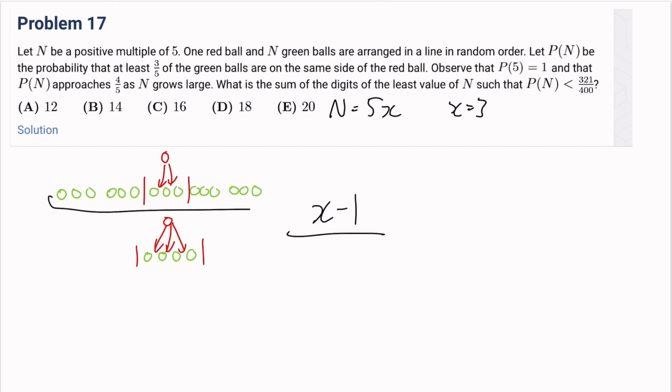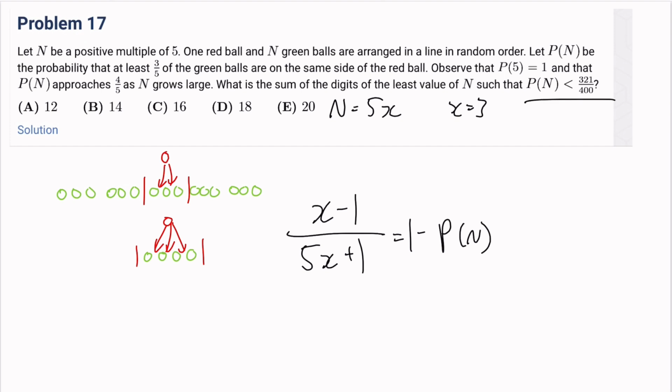So we have 15 and then plus 1, right? So that's 5x plus 1. So x minus 1 over 5x plus 1 equals 1 minus Pn, right? And Pn has to be less than 321 over 400. So negative Pn would have to be greater than negative 321 over 400.